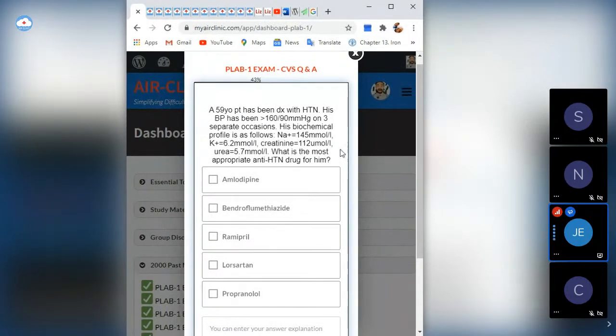Okay, so what is the most appropriate antihypertensive drug for him? With this potassium, which antihypertensive drug will you give him? Is it amlodipine, bendroflumethiazide, ramipril, losartan, propranolol?